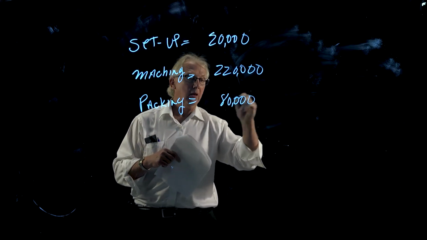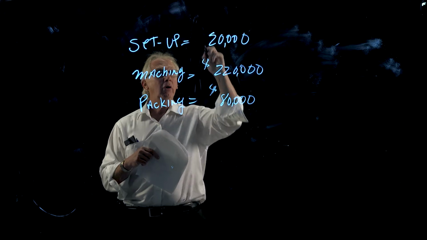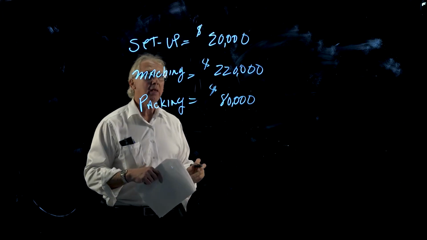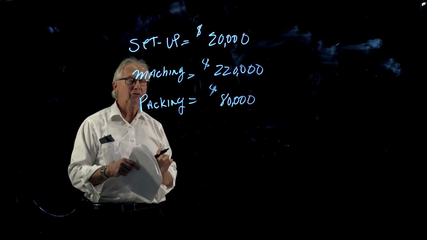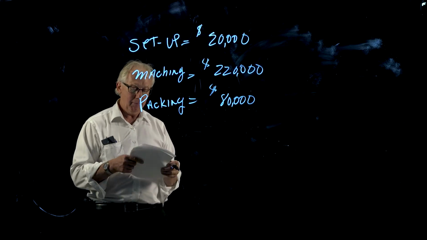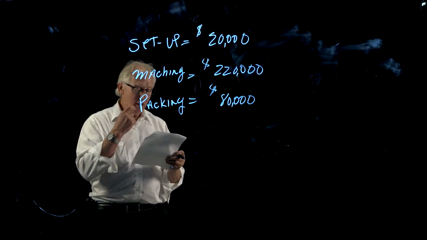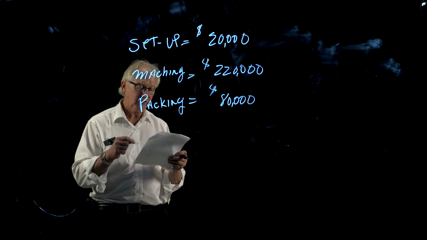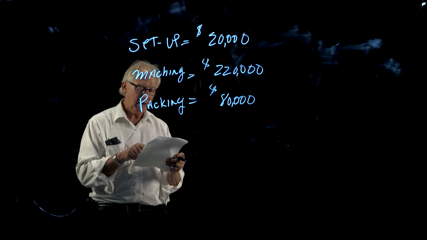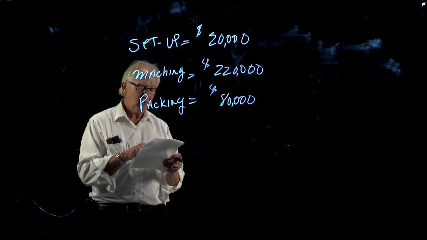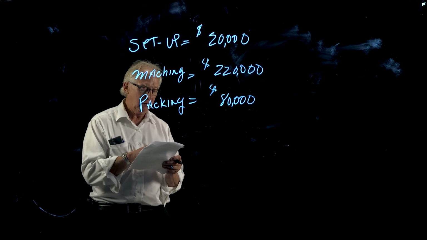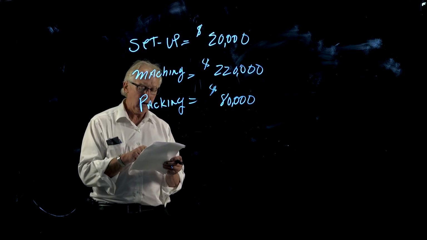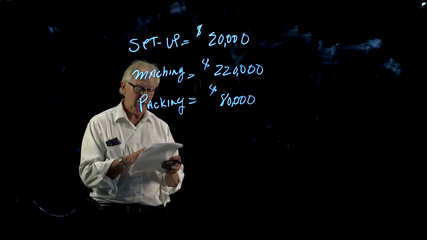Those are the total dollar amounts of overhead that those 3 departments incurred. Now, they tell you the setup department performs 40 setups per year. The machining department works 5,000 hours, and the packing department packs 500 orders per year.